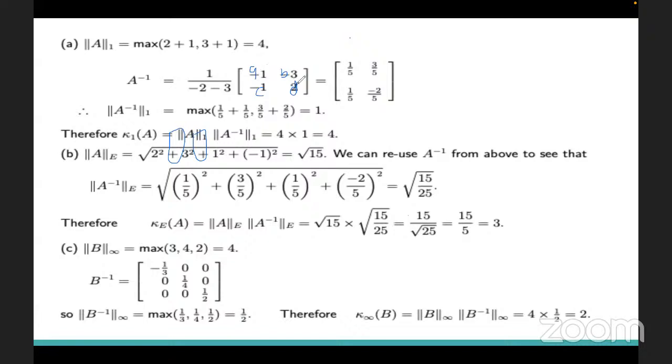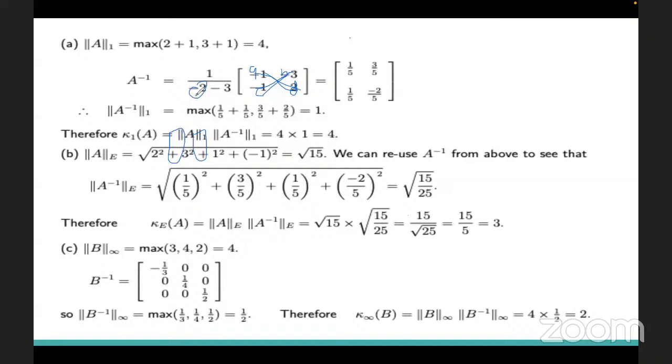Determinant is AD, that is, we cross multiply. A will multiply D, and B will multiply C. So this will be minus 1 multiplied by 2, which is minus 2, and minus 1 multiplied by minus 3, that is 3.